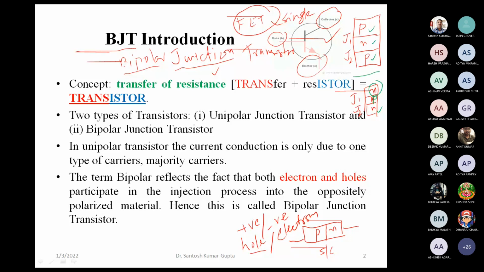Based on these two possibilities, we have two types of transistors, namely PNP transistors and NPN transistors.